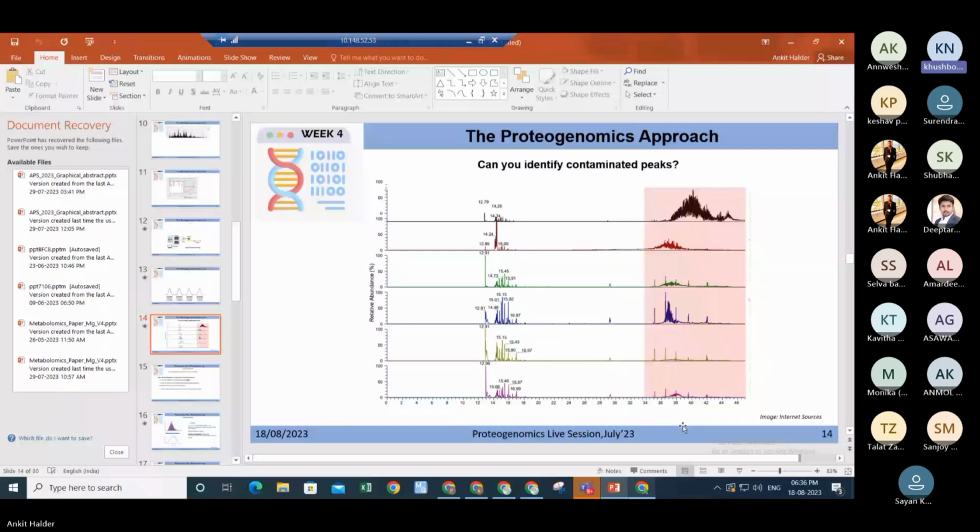Sir, I am asking how can we identify contaminated peaks? So you are asking how to identify these contaminated peaks, right? Yes, sir.